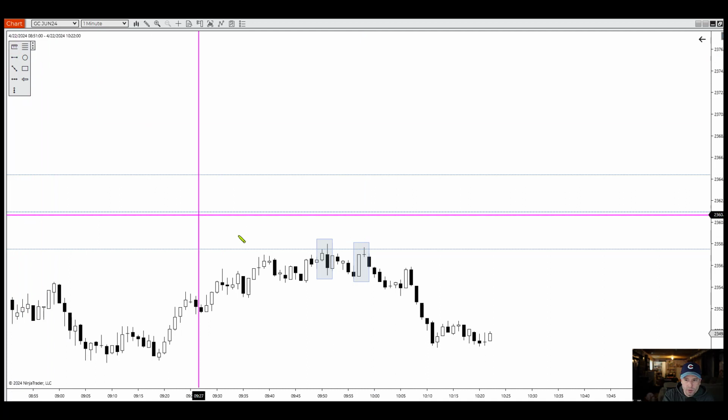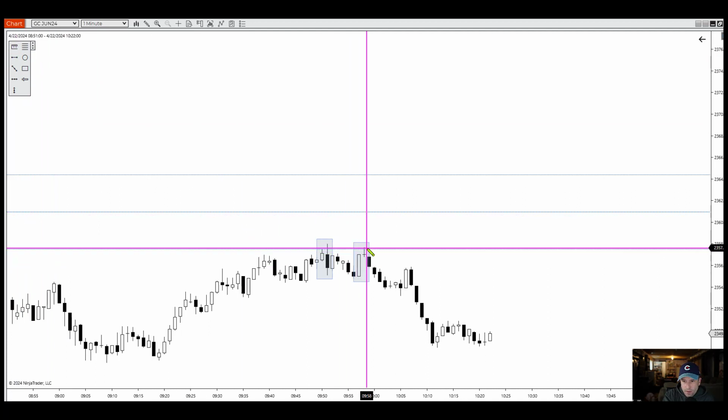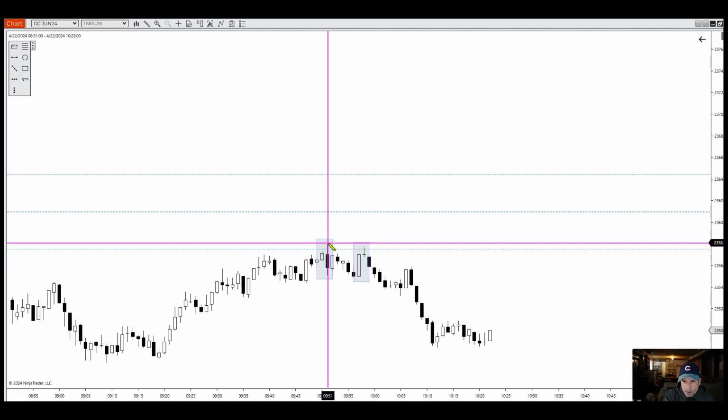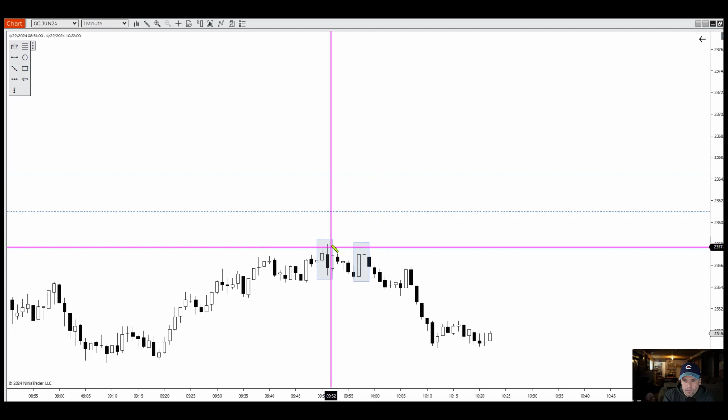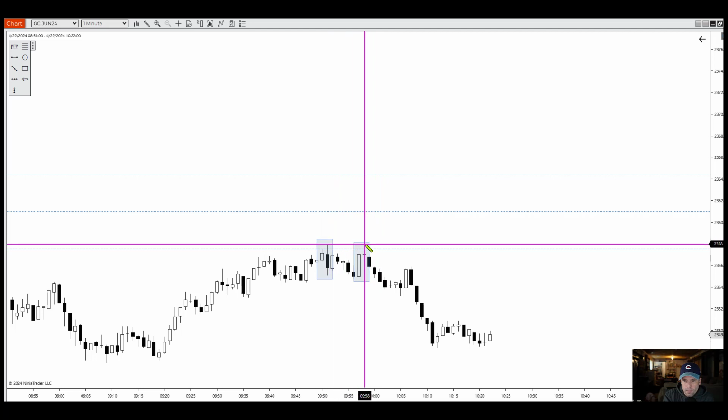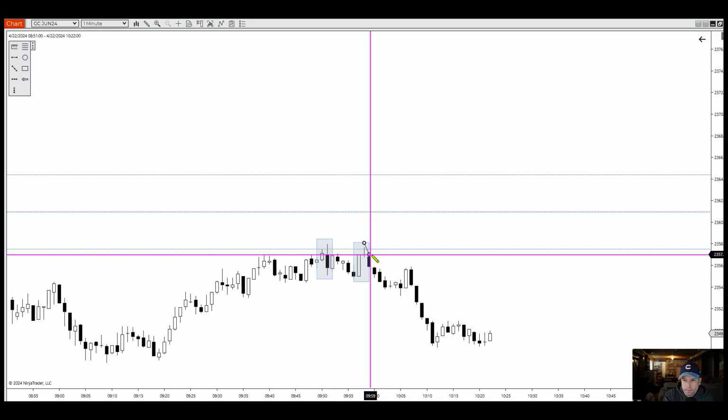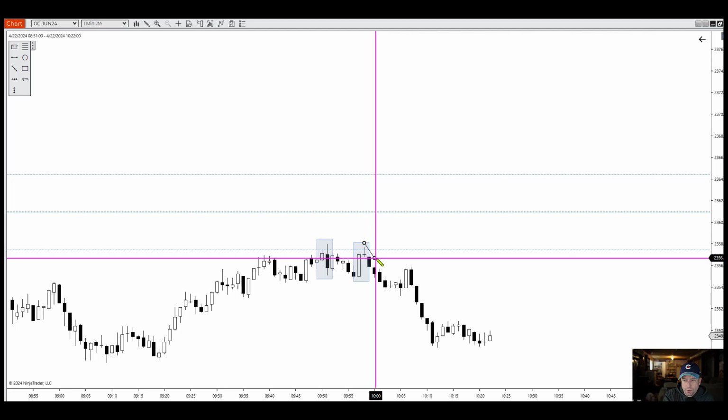The other thing is the stop loss is tight. Okay. So the stop loss would have had to have been above this candle, this wick here, because this is the next pivot high. Right there. And let's say our entry was 1 tick below that.